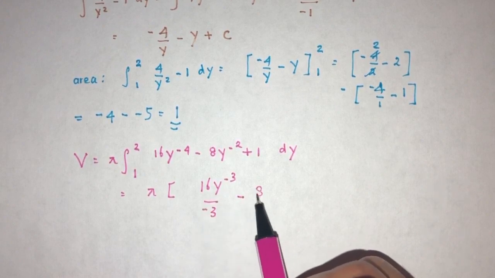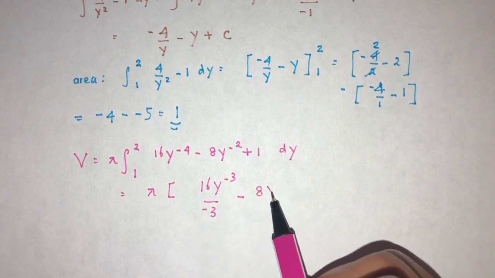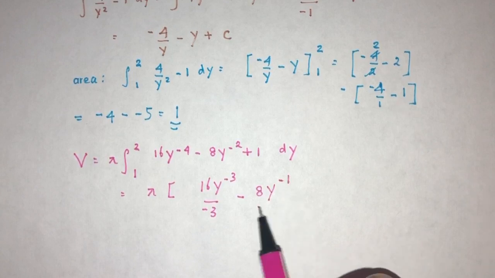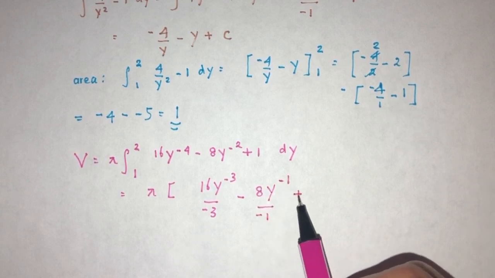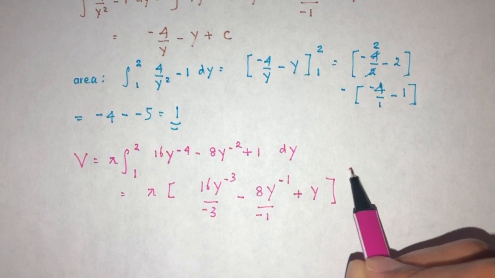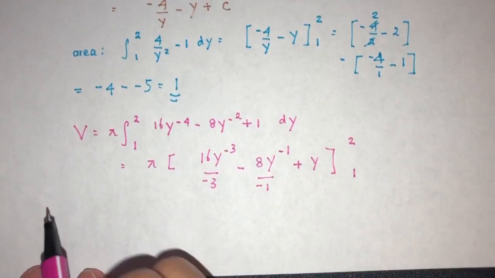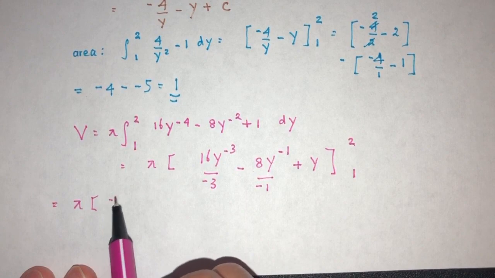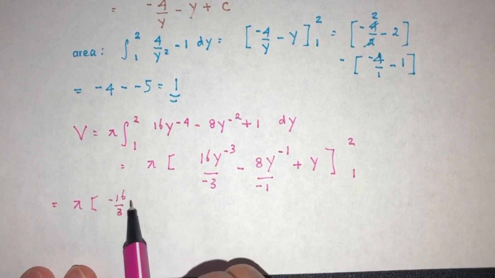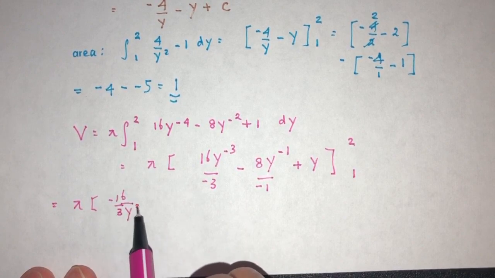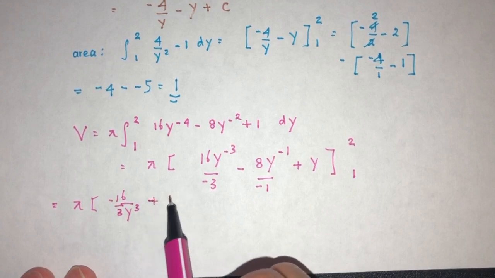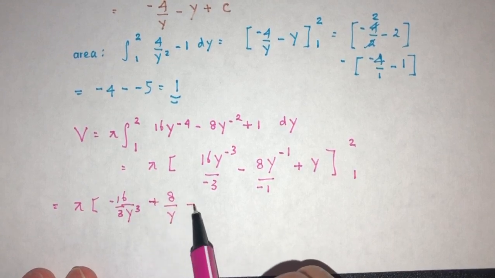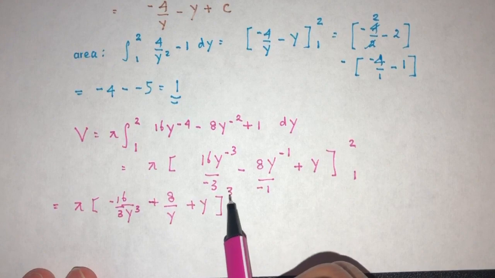Same steps, 8 is only a multiple, we don't care. This will be increased by 1, and then here we have plus y. Limits of 2 and 1. Simplify. That should be minus 16 over 3 y cubed plus 8 over y plus y, with limits 2, 1.